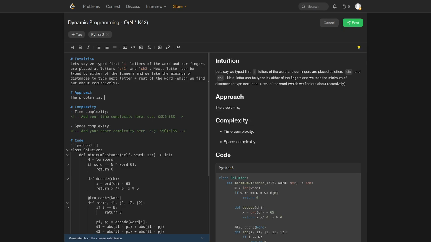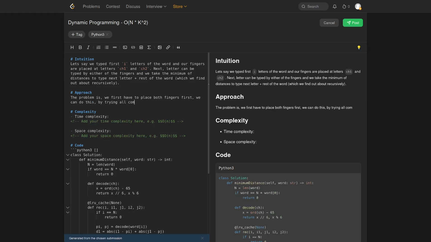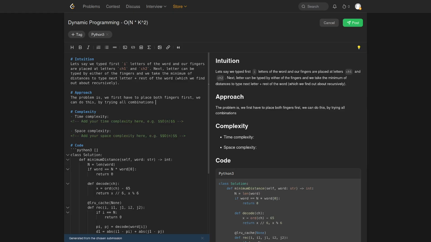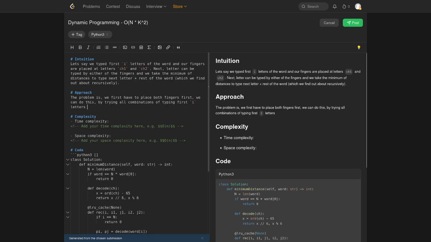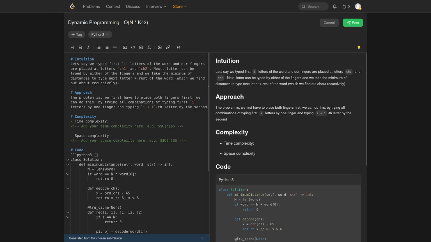The problem is we first have to place both fingers. First, we can do this by trying all combinations of typing the first I letters by one finger and typing the I plus 1 letter by the second finger.